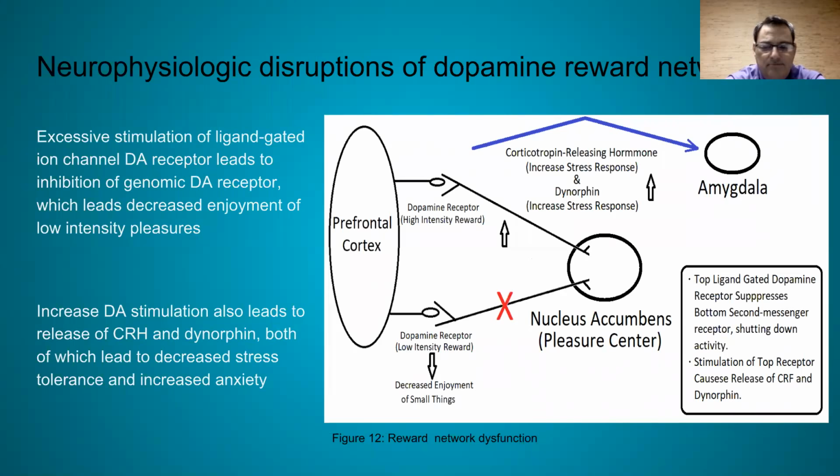That corticotropin releasing hormone leads to increased cortisol, which leads to increased stress on the brain, and there's a whole huge lecture that goes along with how that occurs. But suffice it to say that increased levels of cortisol eventually make a person less resilient and more sensitive to stress. It also increases dynorphin, which also increases the stress response.